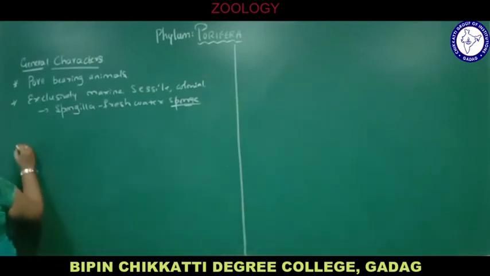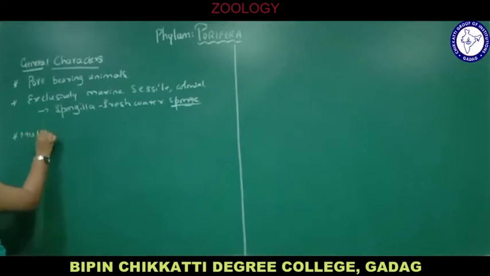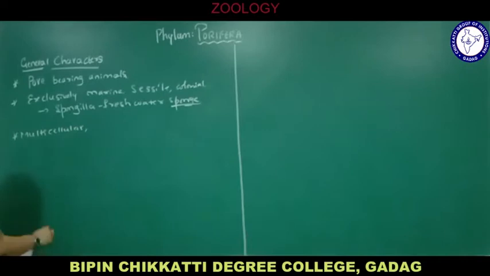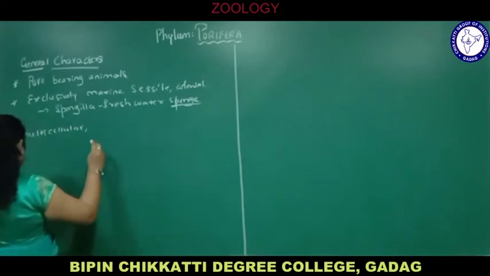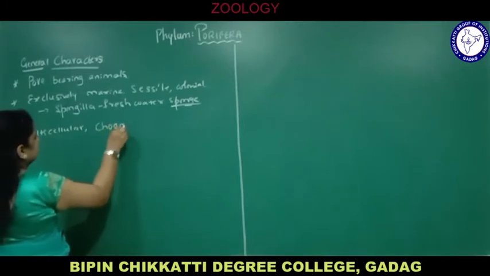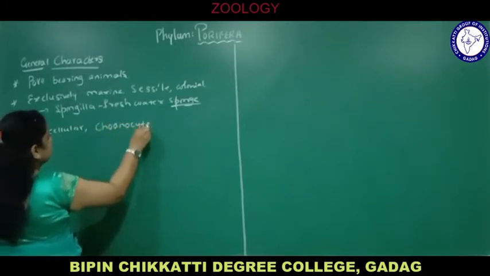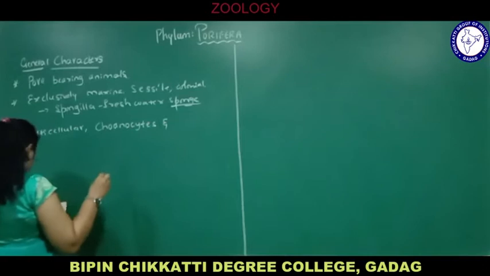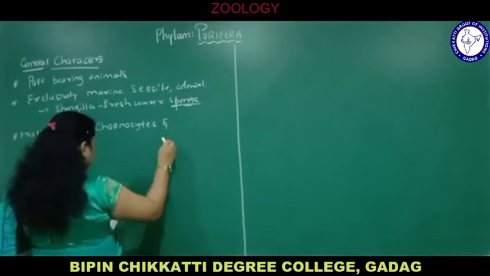Next, they are multicellular animals. Multicellular means made up of many cells, and they have specialized cells called choanocytes and pinacocytes.